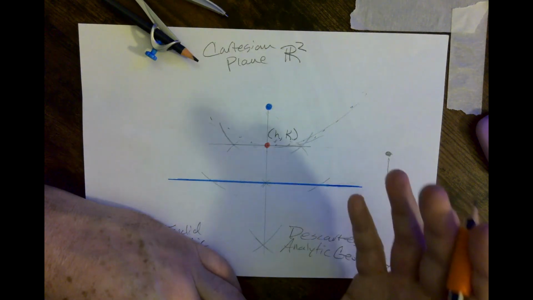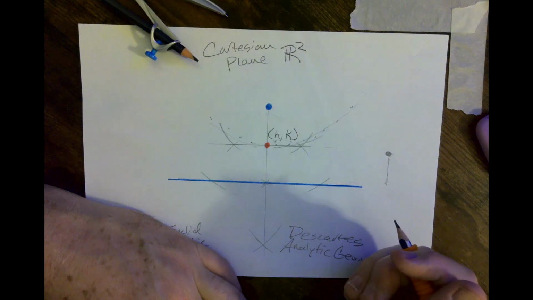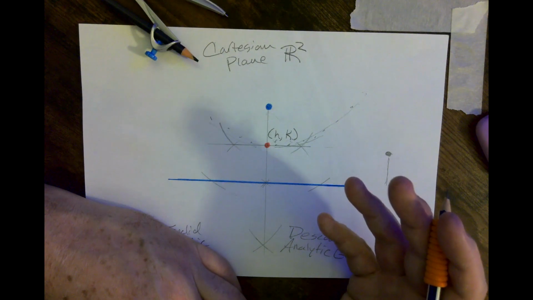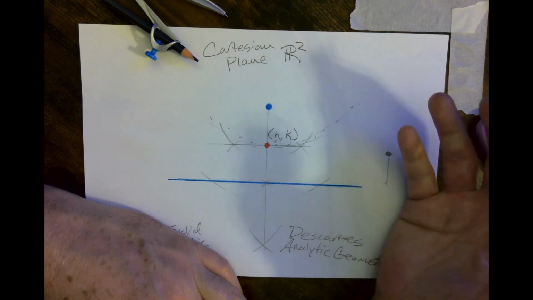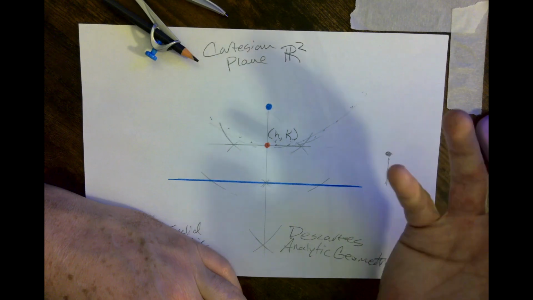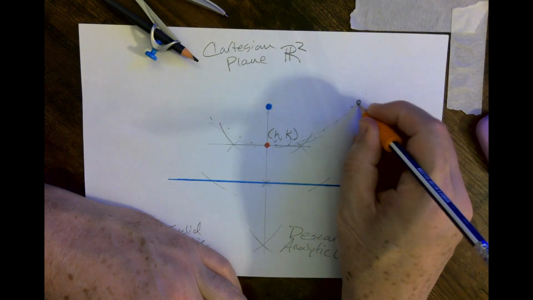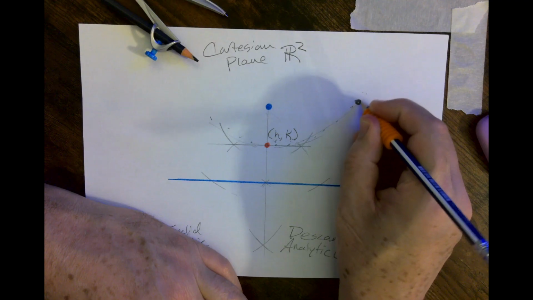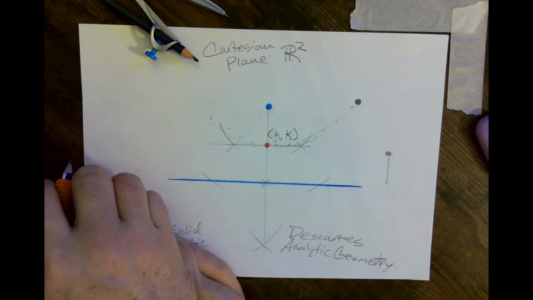So from there, what else can we label? Well, we certainly want to label an arbitrary point in this parabola. So say maybe a point out here. Just suppose you don't know where that is.